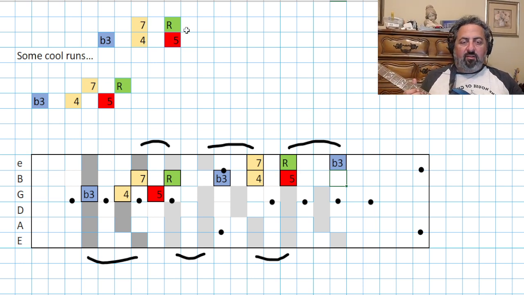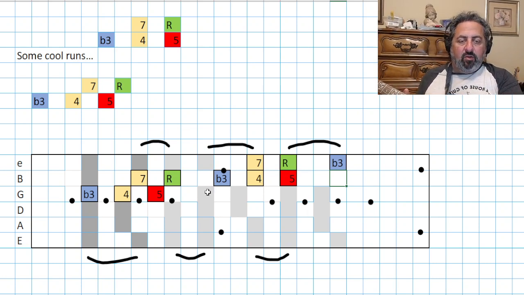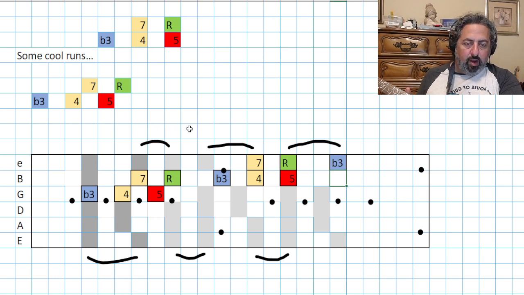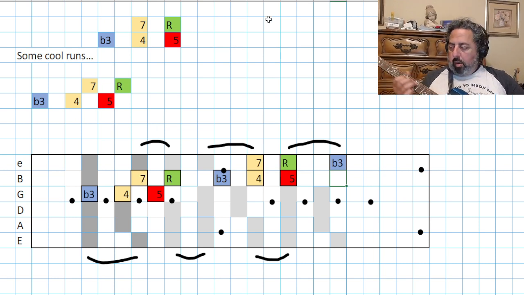So it just doesn't link together as good because we're missing this 7 right here. We're not, technically, we're using the 7 right here. So we're going... So then we have to skip that minor third, but now we're on the runway again.